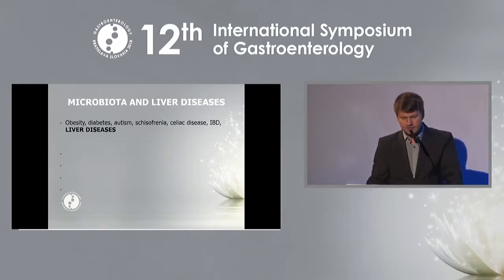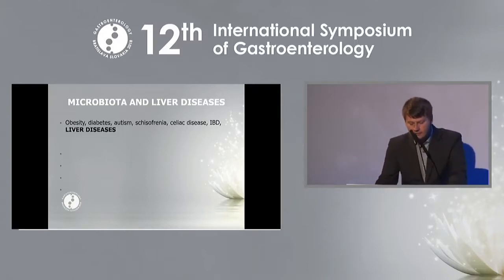So we have the data on the specific microbiota composition in various diseases, including obesity, diabetes, but even diagnoses like schizophrenia or autism. Of course, there is vast knowledge regarding the role of the microbes and their composition in inflammatory bowel disease, but evidence is emerging in specific microbiota composition and its role in the liver diseases.